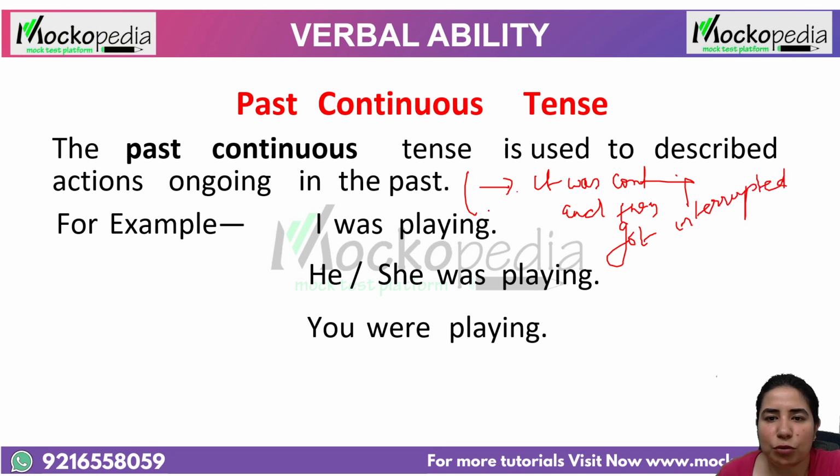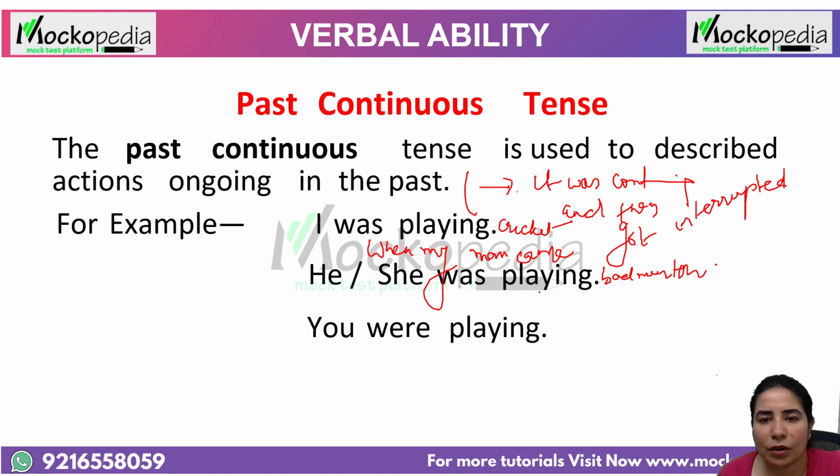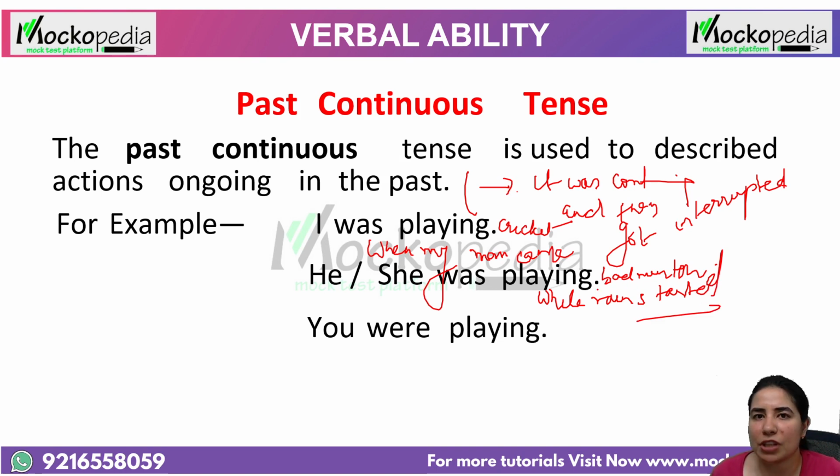So I was playing cricket when my mom came. She was playing badminton while rain started. Okay, so the event was happening and it got disrupted due to some other event, right?